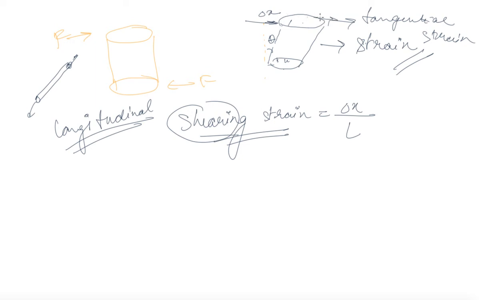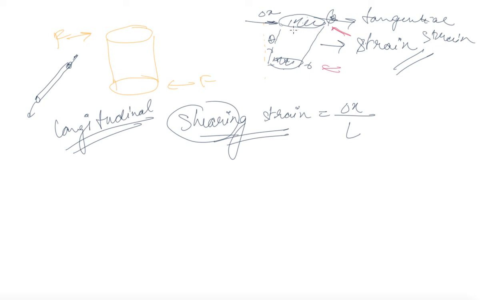So you can say that if two equal and opposite deforming forces are applied parallel to the cross section of the cylinder, then there is a relative displacement between the opposite faces of the cylinder. This is the face of the cylinder and this is the face of the cylinder.